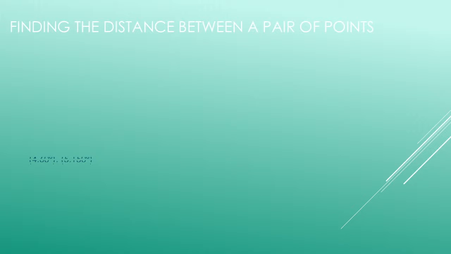Our third thing we're going to talk about today is finding the distance between a pair of points. Now this one does involve using a calculator, but it's really easy to do, and all you have to do is plug it into the calculator. So, our question we're going to be working with is (4, 60 degrees) and (5, 150 degrees). So how do we solve this?